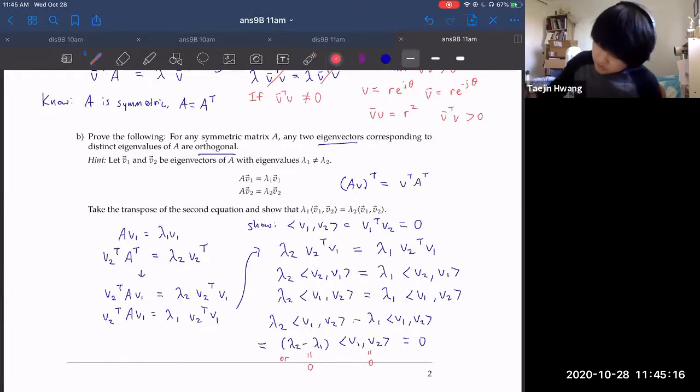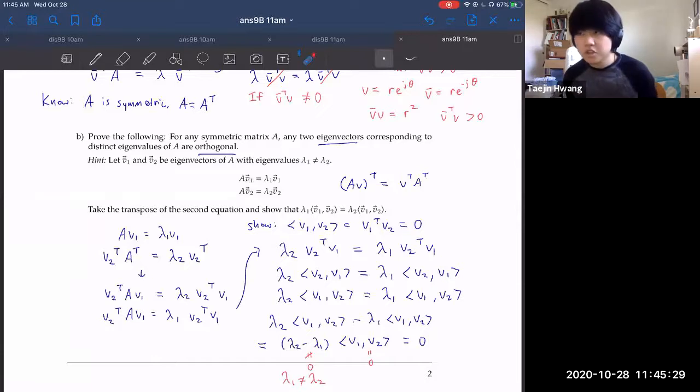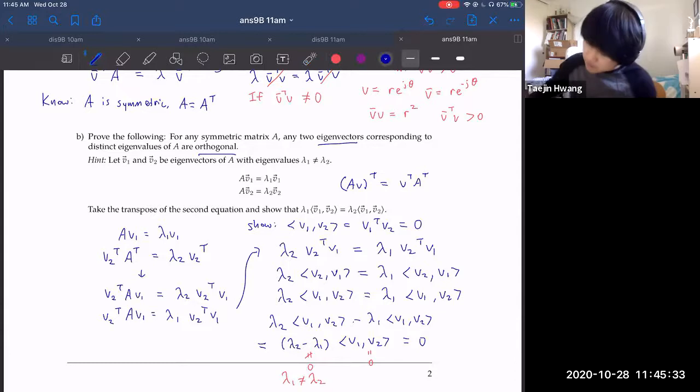Meaning lambda 1 is not equal to lambda 2, so we know that this term is not equal to 0. And therefore, the inner product of V1 and V2 has to be 0. And by definition, this tells us that V1 is orthogonal to V2.